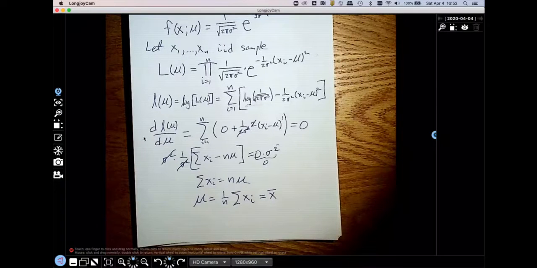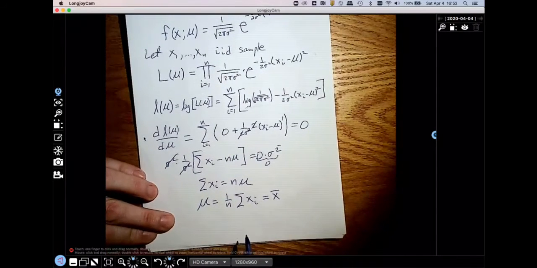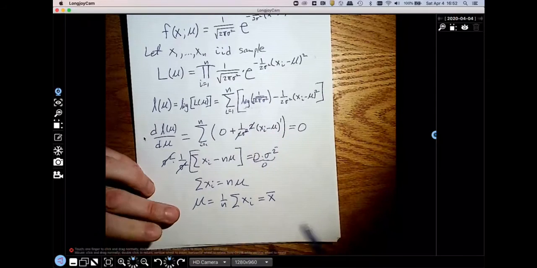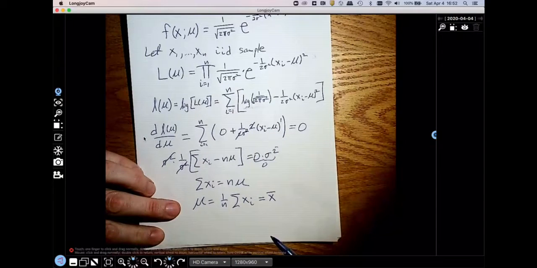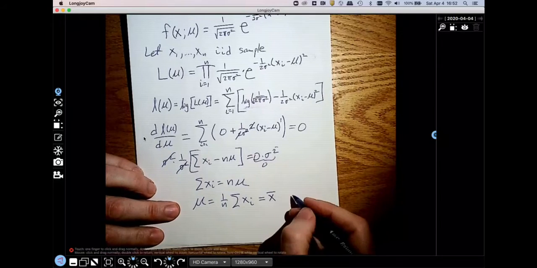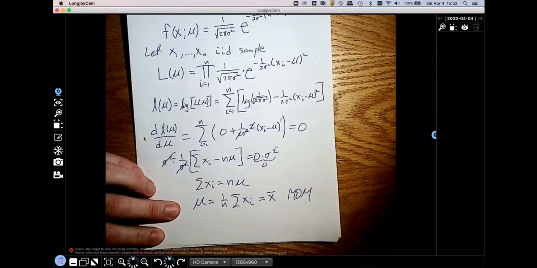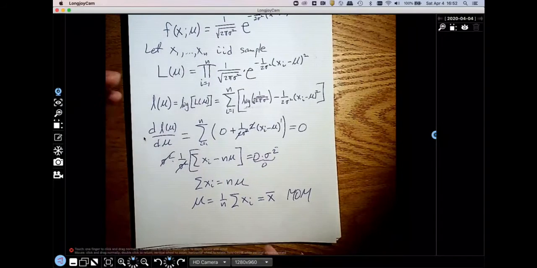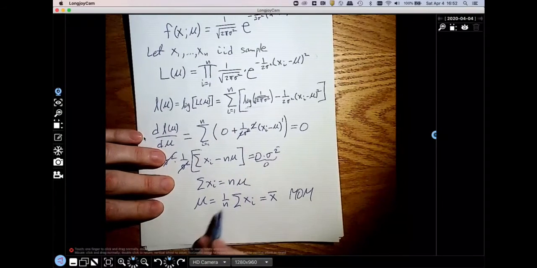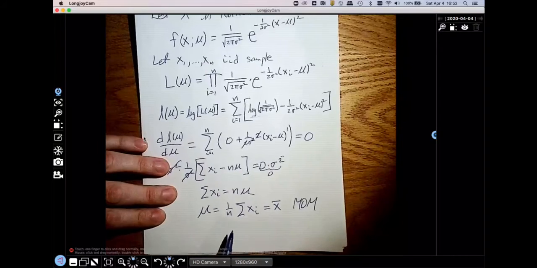So it was a lot of math to come up with. This was also the method of moments estimator. So that's the estimator of the mean.